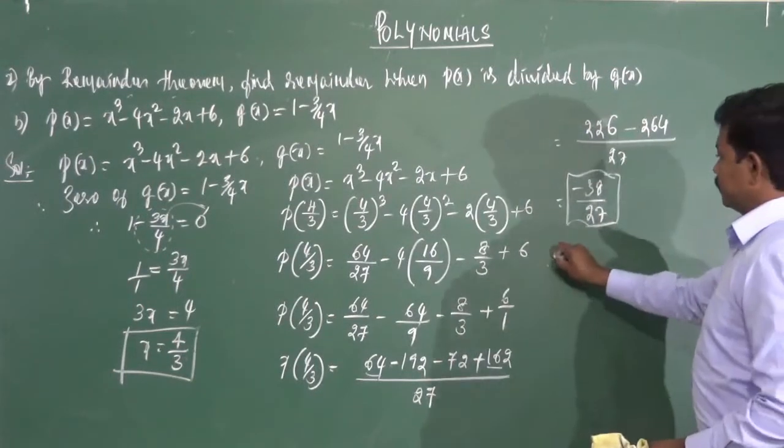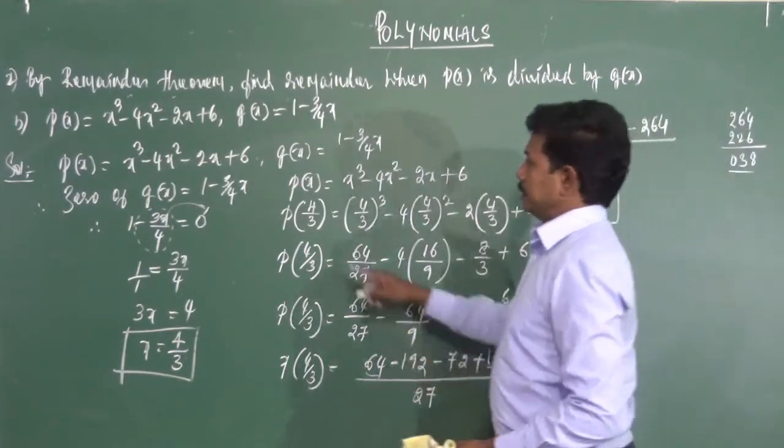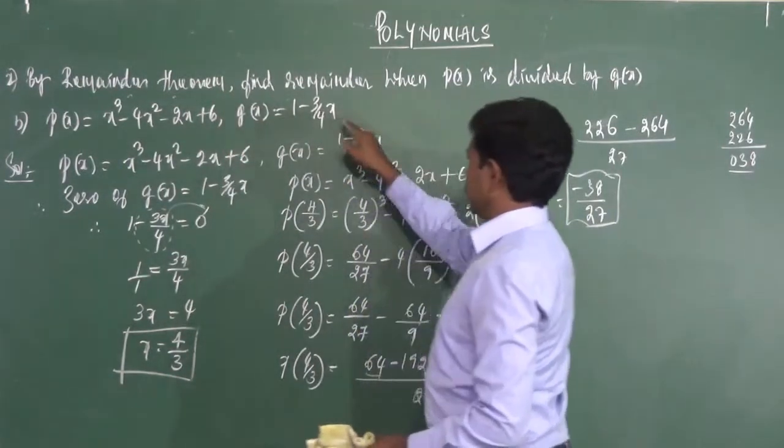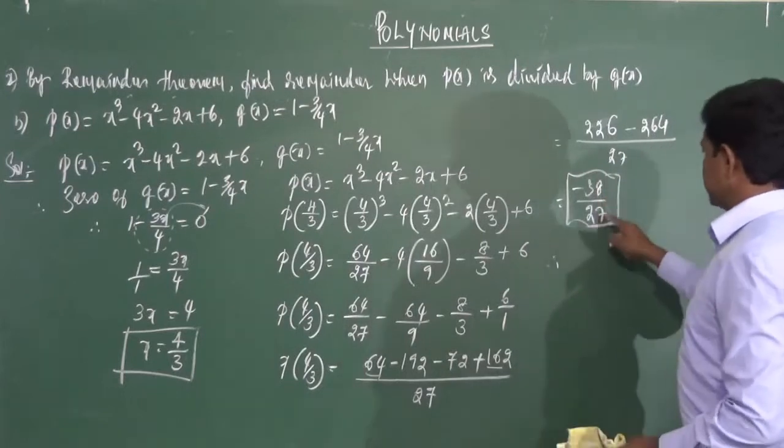So therefore, what is the remainder when you divide this p of x by this g of x, that is 1 minus 3x, that is 3 by 4x? It is minus 38 by 27.